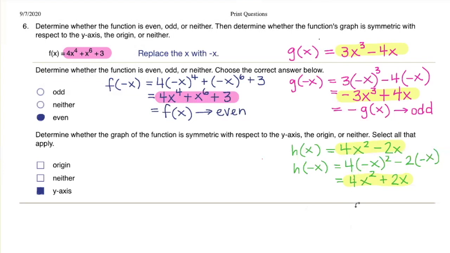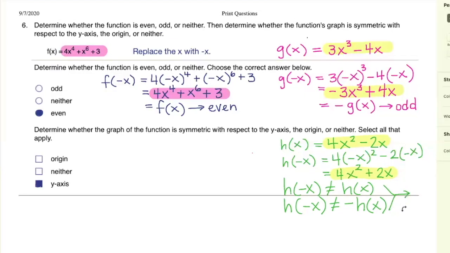So if the right-hand side changes, but it's not just a simple case of all the signs changing, this is when we say that h of negative x was not the same as the original function, and h of negative x was not the same as the terms changing their signs. Therefore, because of both of these facts, this is when we say the function is neither even or odd.